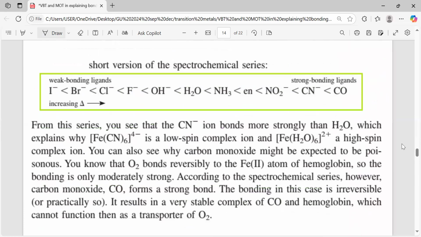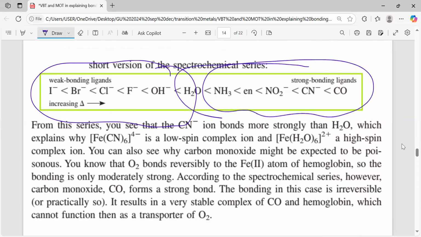And we can see that ionic species don't bond strongly, but non-ionic species, the ones with lone pairs, bond much more strongly. You can see the ionic charged ones: iodine, bromine, chlorine, fluorine, hydroxide. Neutral ones: water, ammonia, ethylamine, nitro, cyanide, and CO. The only charged ones are those, but majorly the negatively charged halogens are very weakly bonding.